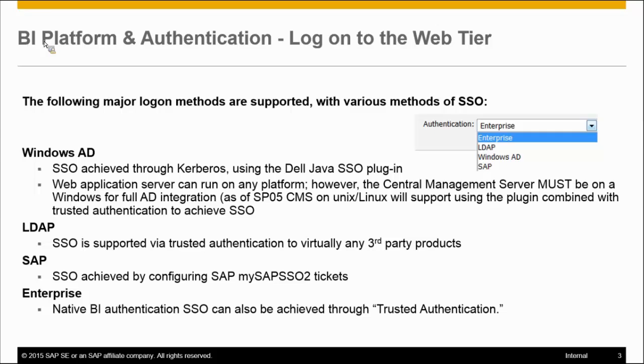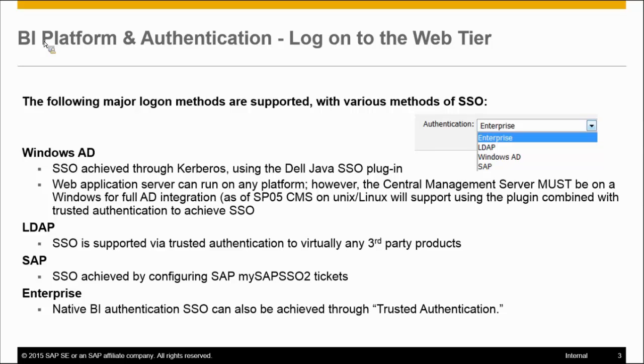So for Windows AD, it's been done with integration with Gabriel, which is a single sign-on plugin based on Java technology, and this is integrated within the BI portal, the CMS as well, and all of this has to be set up correctly within the portal, and the plugins are already integrated. So LDAP authentication, this is being done with trusted authentication and third-party products.